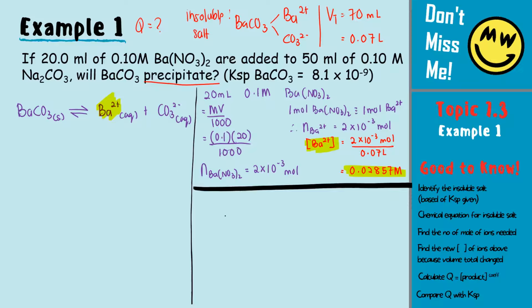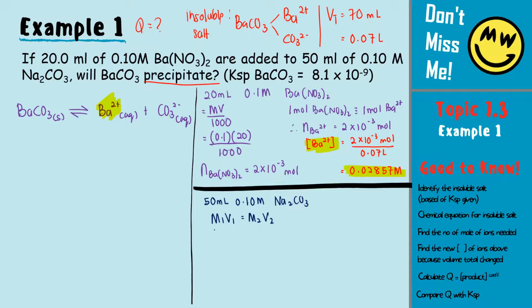And that is the concentration of our barium 2+ that we are looking for to calculate the Q. And as I said, there are two methods to calculate the concentration. One method is using the MV over 1000 from the number of moles changed to the concentration. Another method that I can show you over here is if you are having 50 milliliter of 0.1 molar of your sodium carbonate, what you can use other than MV over 1000 is your M1V1 equals M2V2. Alright?